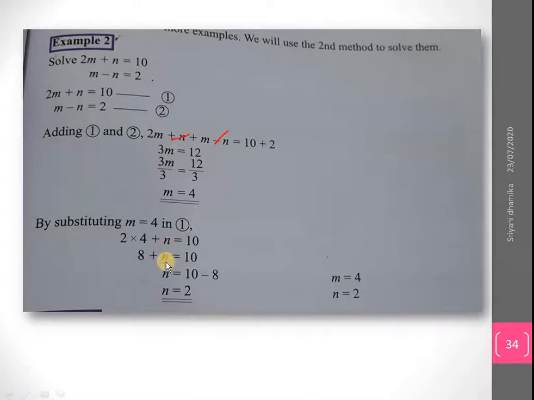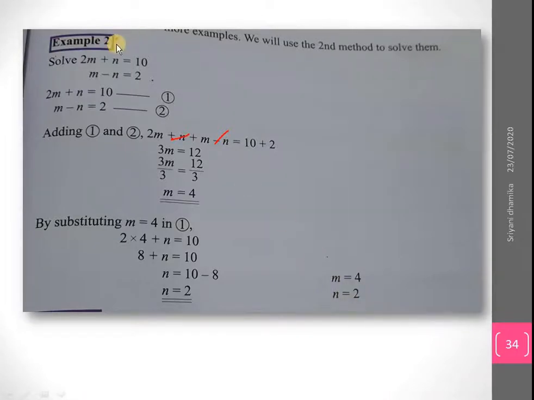So to find the value of n, remove this 8 from this side. Positive 8, when we remove this, converts to negative 8. So the value of n is positive 2. The solutions of this pair of simultaneous equations are m equals 4 and n equals 2.